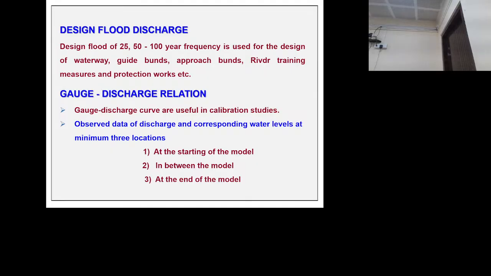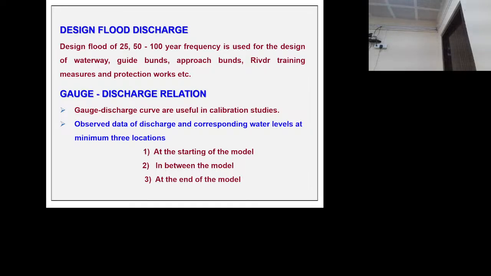And for design of bridges and barrages, Q is equal to the 20 years discharge. Now it will be revised to the 100 years period discharge.